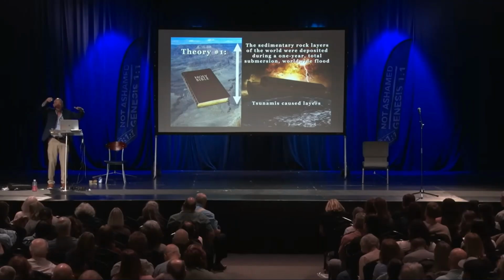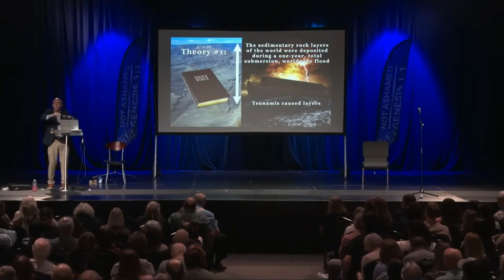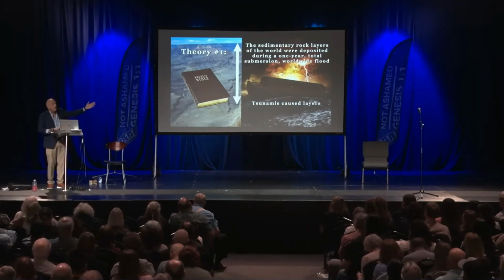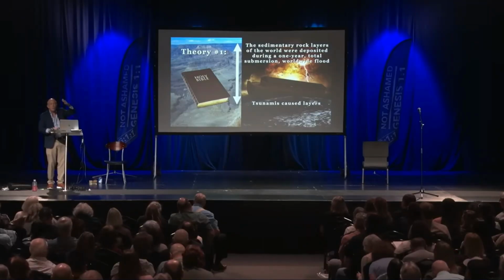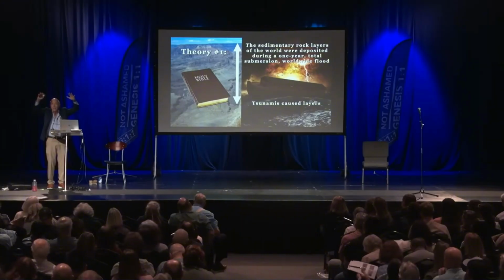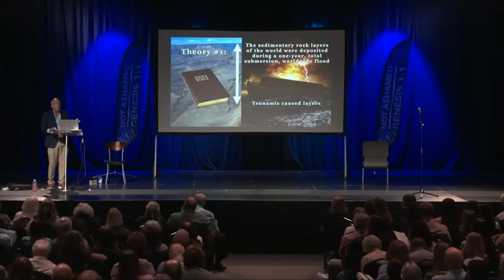As they ran out of steam, the waves stopped, and the sediment went down to the bottom and made a flat layer. Then there's another tsunami from a different direction, bringing different colored sediment, and that sediment settles, and there's another flat layer. That's the Noah flood model of how the flat layers got here.